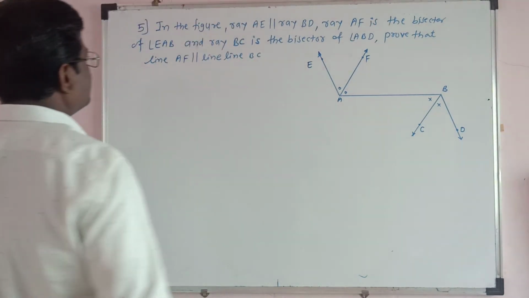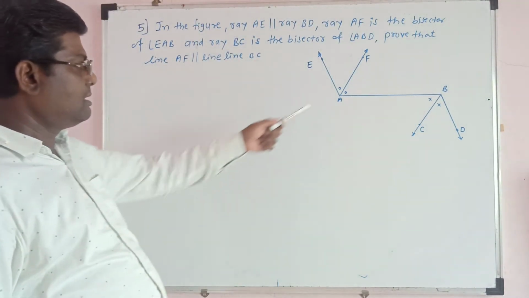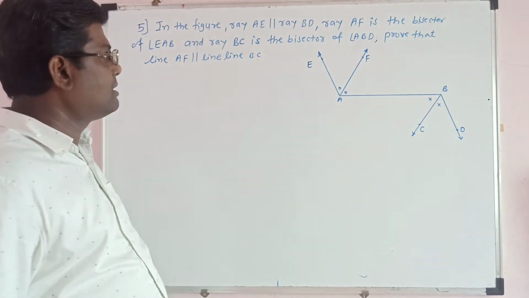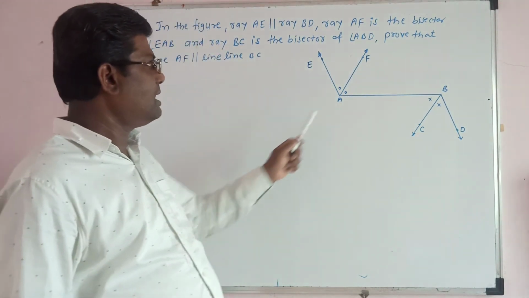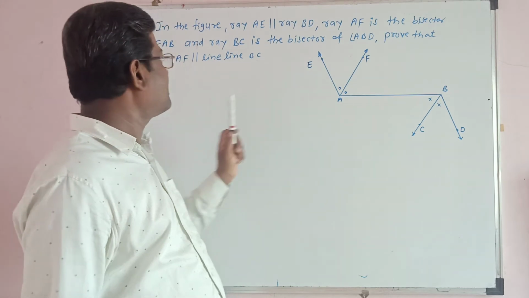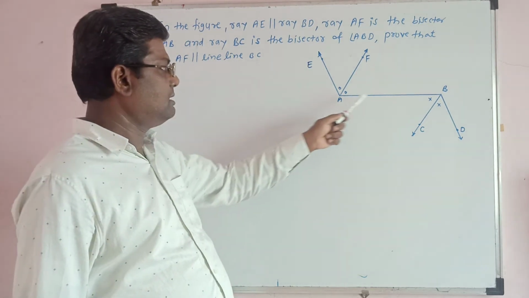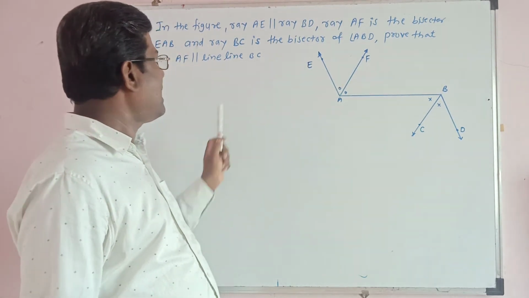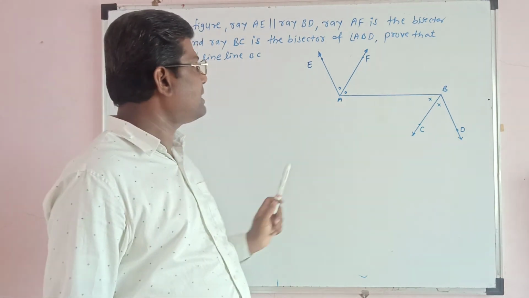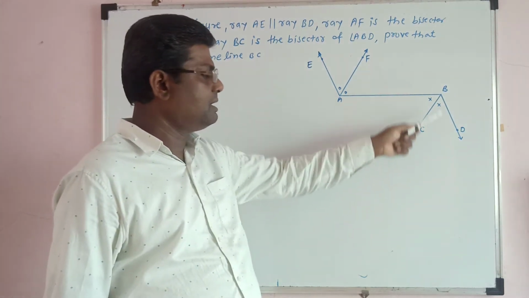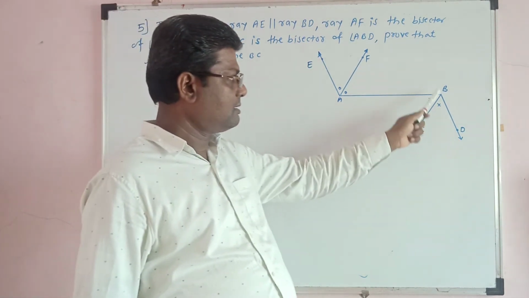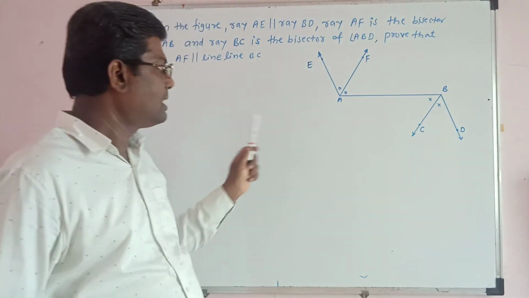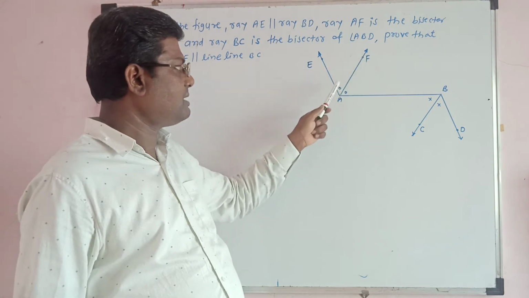Example number 5. In the figure, ray AE parallel ray BD. Ray AF is bisector of angle EAB and ray BC is a bisector of angle ABD. Here ray AE parallel ray BD. AF is a bisector of this angle.